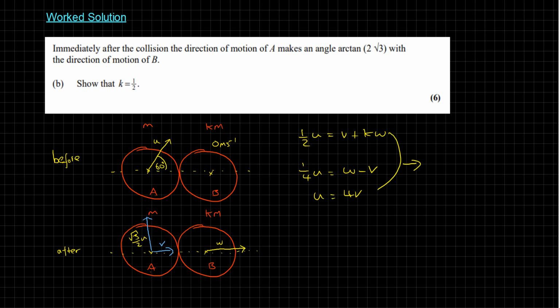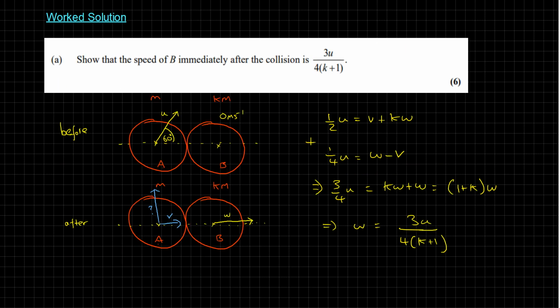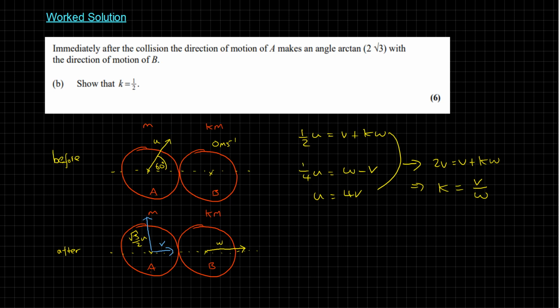So that's going to give us 2V equals V plus KW, which implies that V equals KW, so therefore K equals V over W. And then W, if we remember from the previous question, we found out what that was.